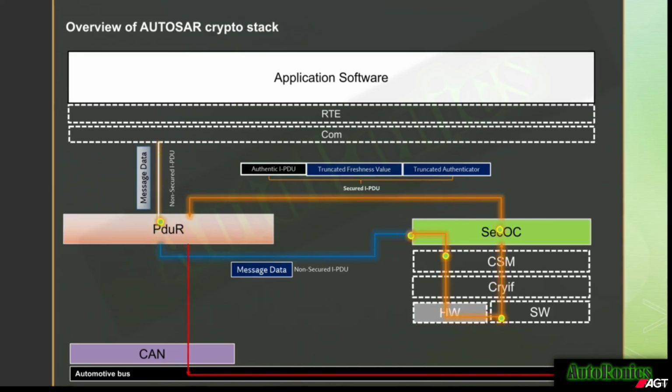You can see in this presentation that from SECOC, the secured IPDU will again pass to the PDUR, and from PDUR the message will be sent to the CAN driver layer, and from the CAN it is sent to the automotive bus, nothing but the CAN bus, to the other ECUs.